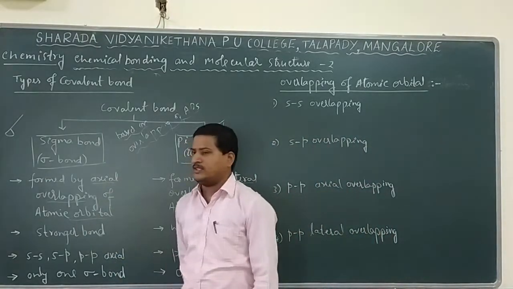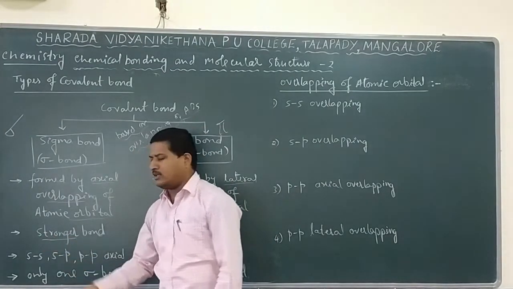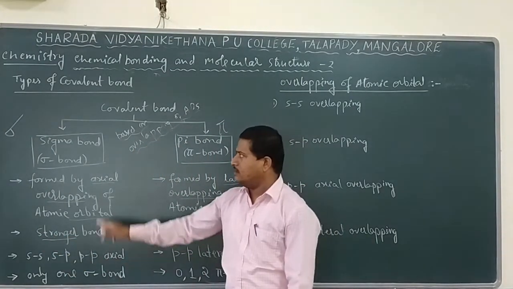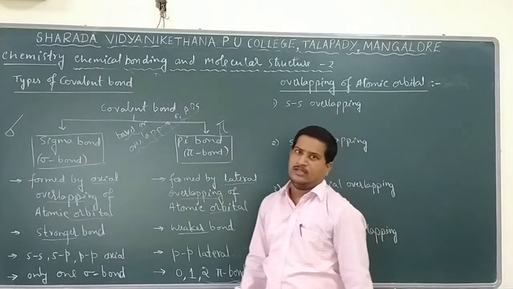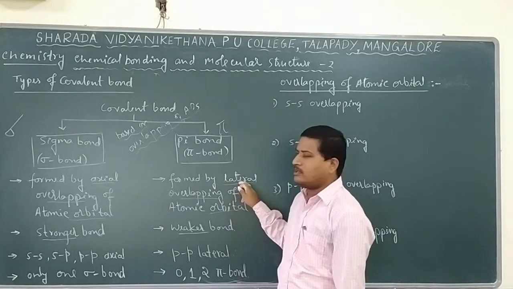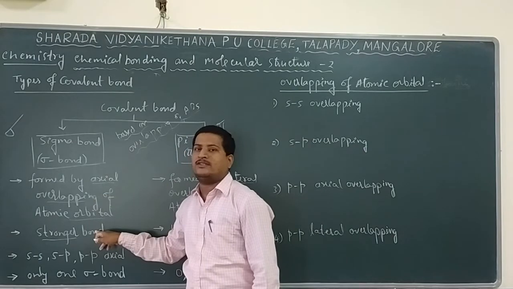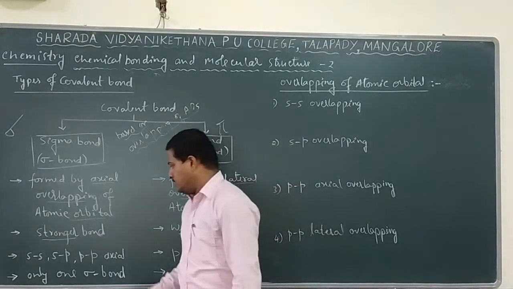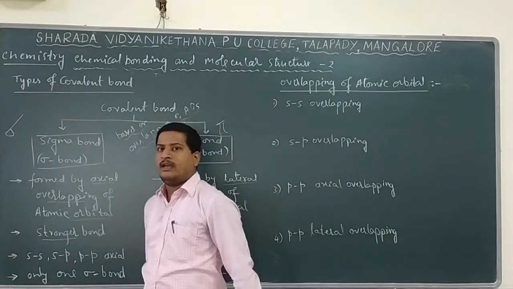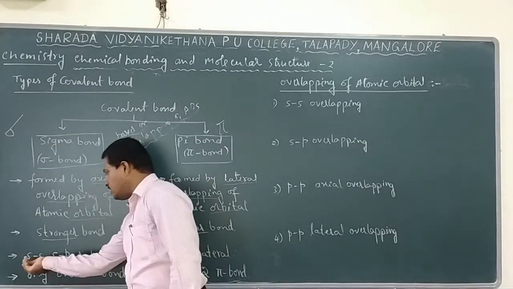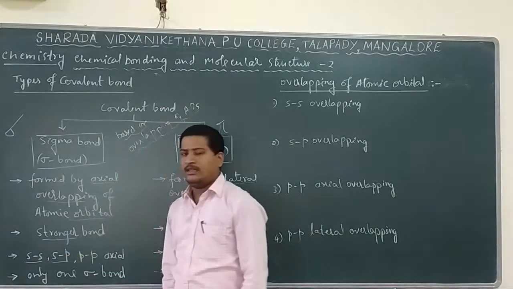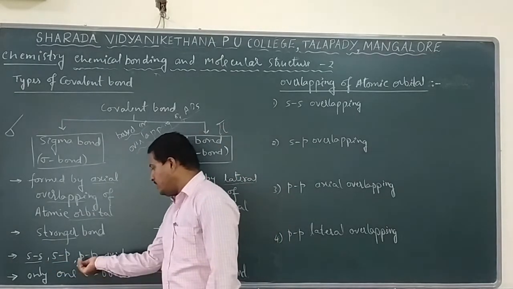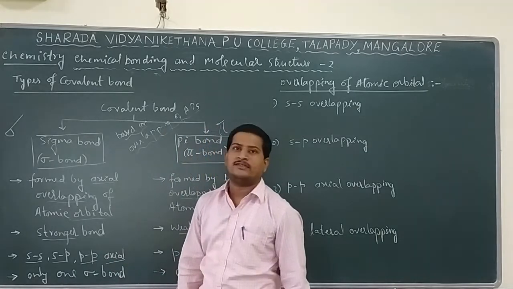And if you compare the stability or strength of sigma and pi bond, the sigma bond is very strong, whereas pi bonds are somewhat weak. So pi bonds are weaker, as lateral overlapping is weaker, whereas the axial overlapping of the sigma bond is stronger. And if you look at the types of axial overlap in a sigma bond, S and P overlap produces a sigma bond, and P and P axial overlap produces a sigma bond.